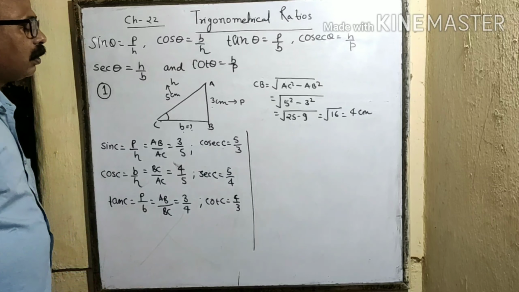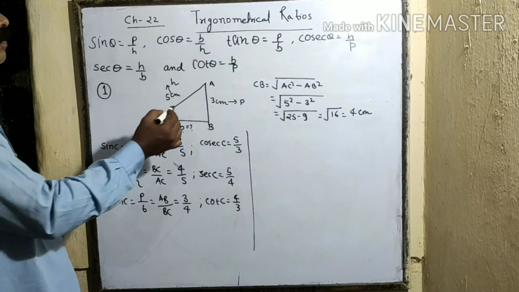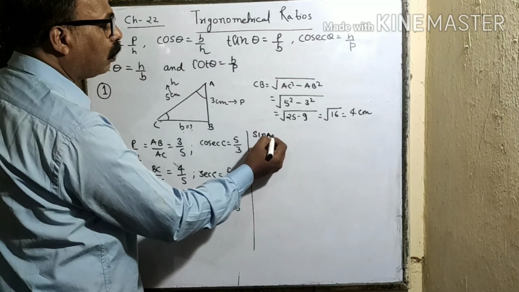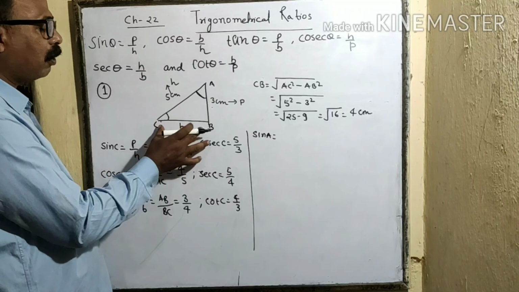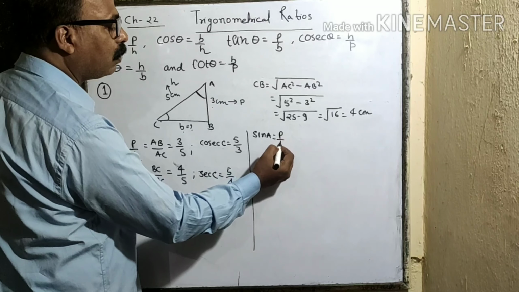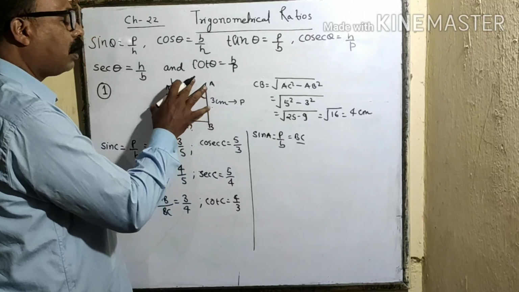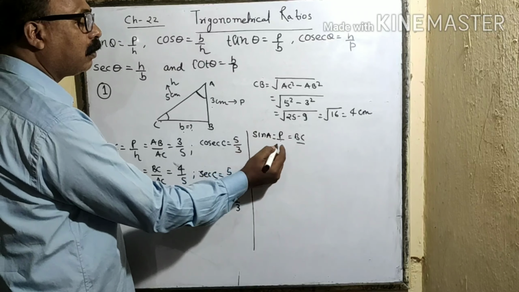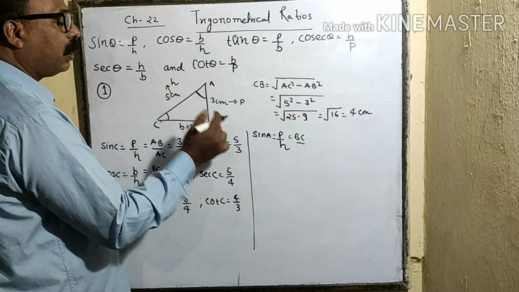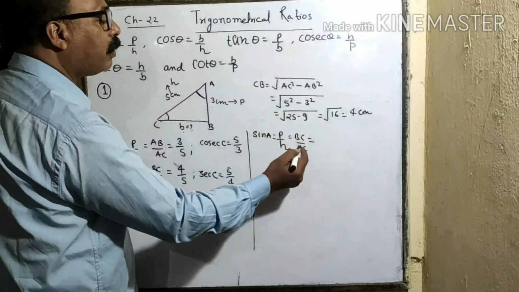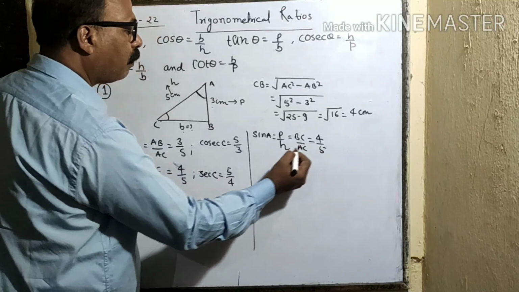If it is asked how much is the value of sin A, for this angle A, P will be BC, and H will be AC. So it will come out as 4 by 5.